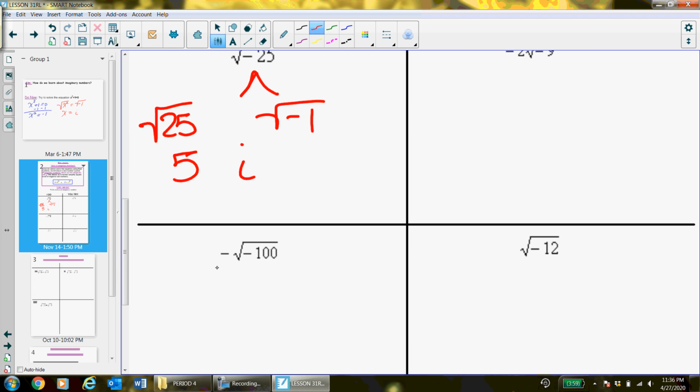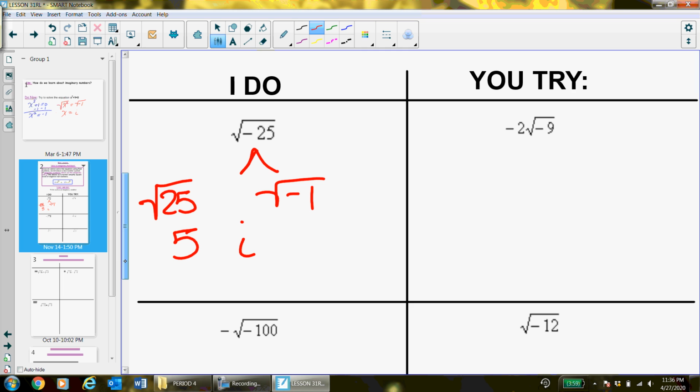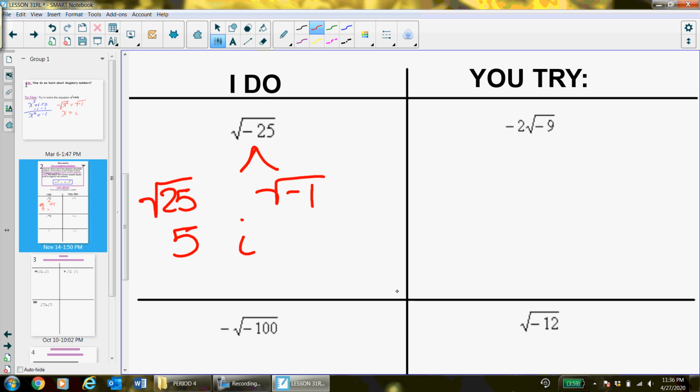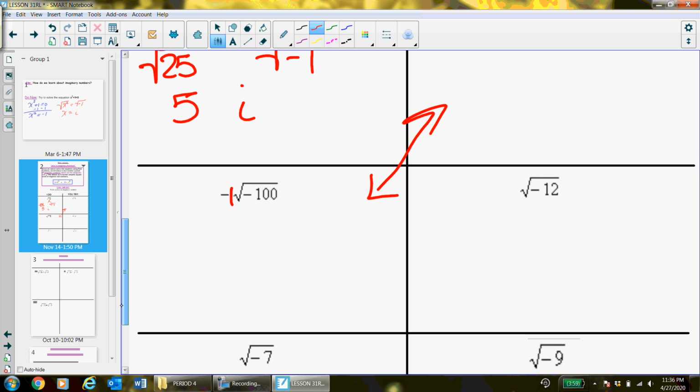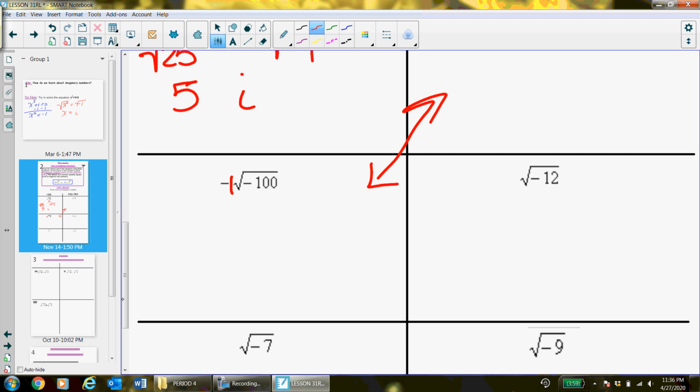So this one, this negative outside of the radical negative 100, is very similar to these two. Technically there's a negative outside, and there's a negative 1 inside. All right, so we have a negative 1 outside, and then we're going to break down this negative 100 into radical 100, which is a perfect square, and then radical negative 1.